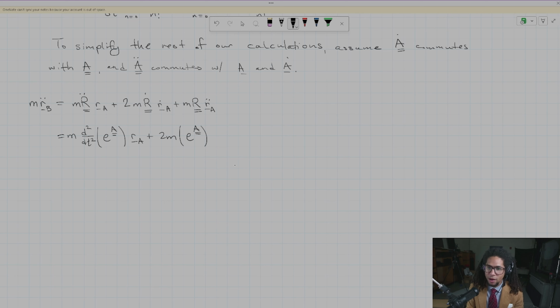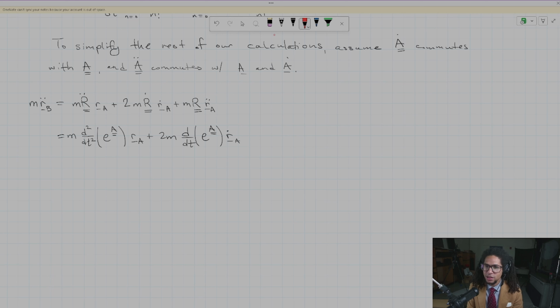So we'll get 2m d/dt of this times r sub a. Oh, my naming convention is maybe a little bit unfortunate here, but I think we're just going to have to trudge ahead.